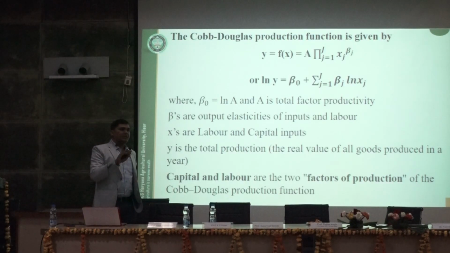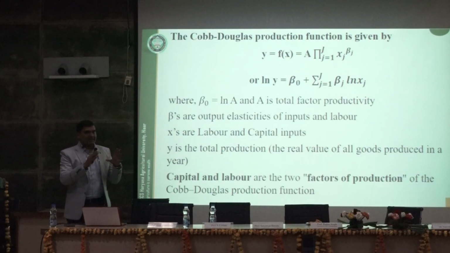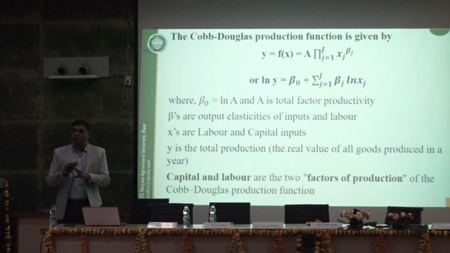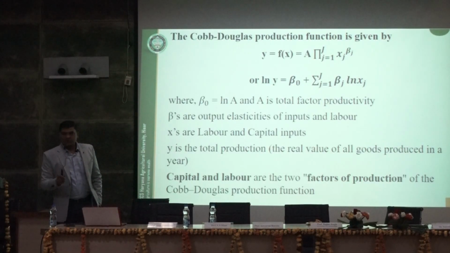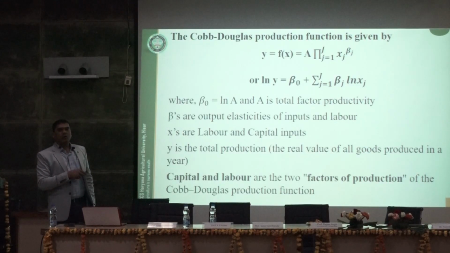Monotonic means if your x variable is increasing, after taking the logarithm it will again be increasing, it will not change. So that is the monotonicity. That's why we are taking the logarithm here.